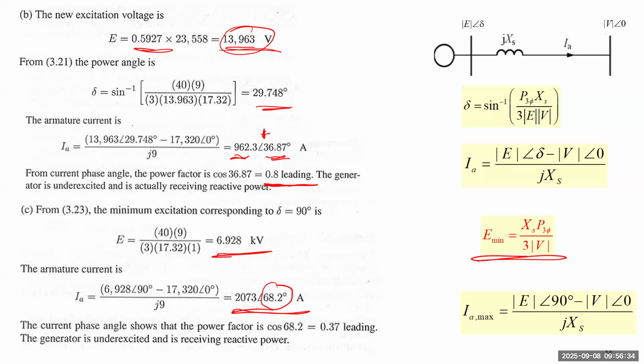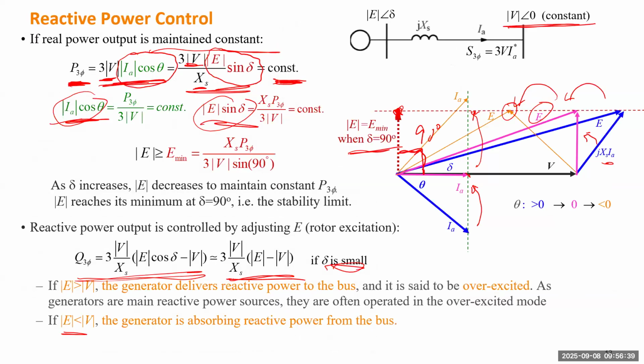So this 68 degrees, if you go back to this case, that means this theta will become negative, right? But here it's positive because we use the V as reference. So the current is lagging the voltage by this angle. But if you do the calculation, the phasor will have a negative angle because it's in the fourth quadrant of the complex plane.